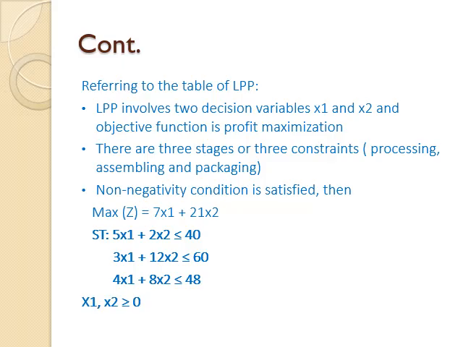The production of 1 unit of x2 at the stage of packing should cost me 8 hours. The total of x1 and x2 should not exceed 48 hours. Less or equal only.